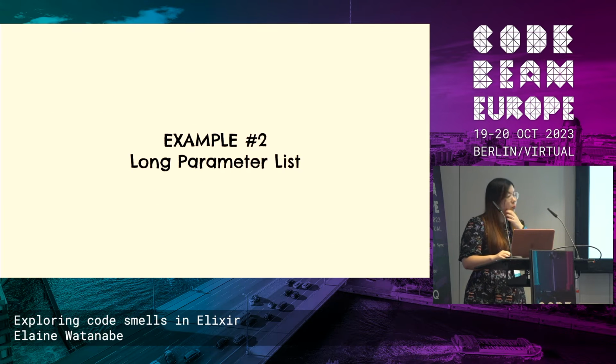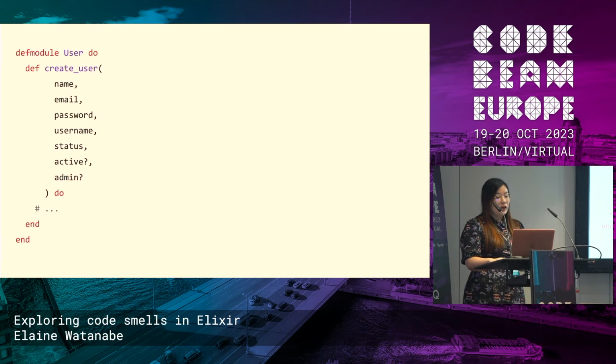The other example is about long parameter lists. We have those functions that are increasing the number of arguments, and sometimes they are not super meaningful. Like if we are using this status, active, admin, they are booleans, true or false, and maybe we will not know what they mean.